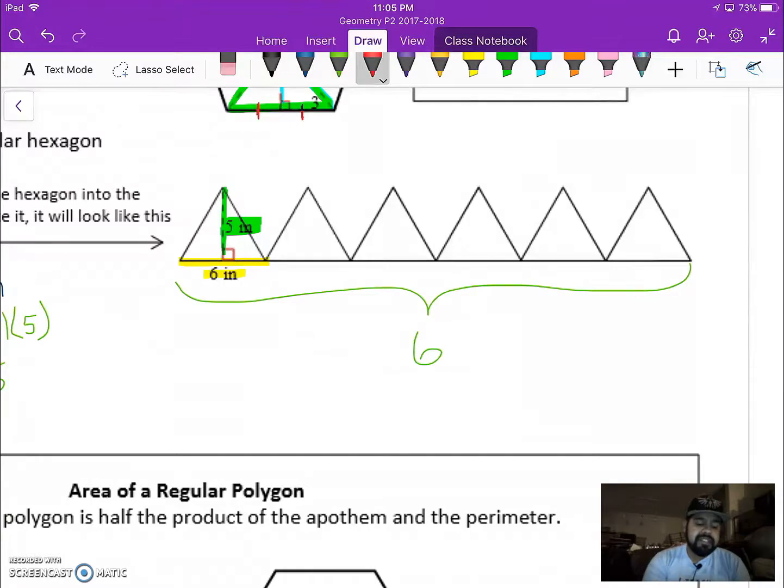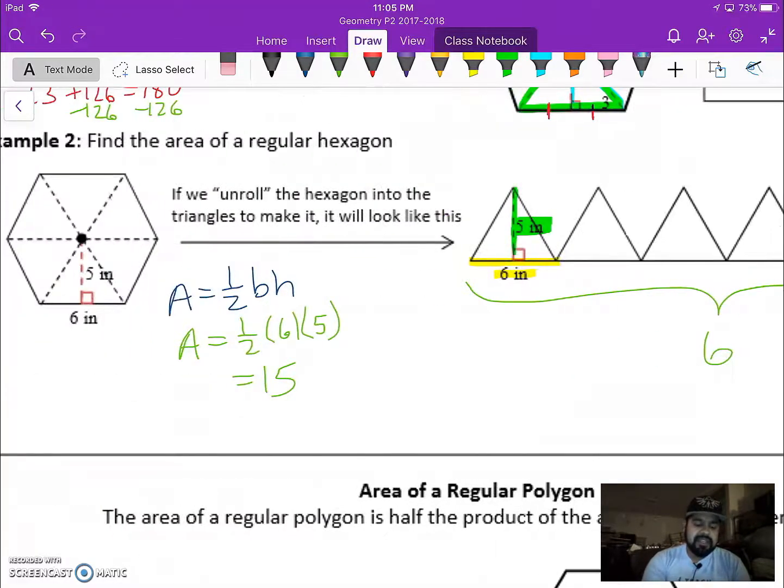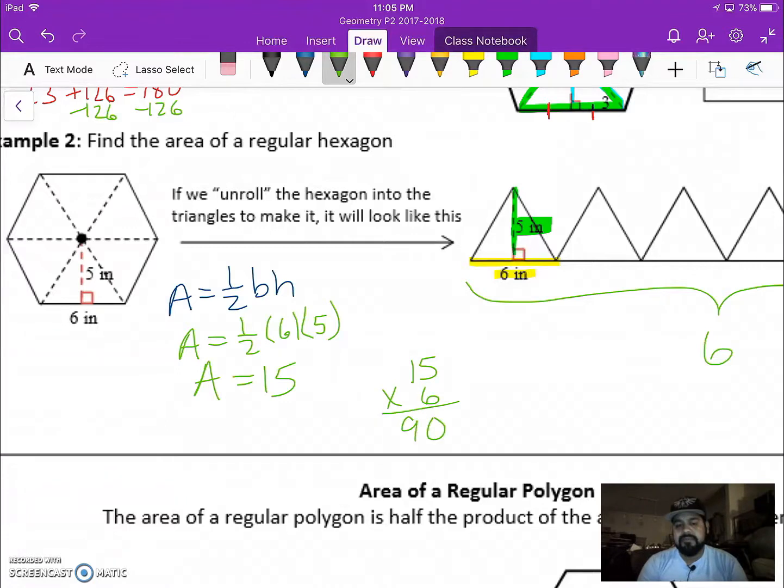So realistically, what I'm doing is I'm going to multiply my formula by the number of sides there are. So right here I have 15 times 6, which gets us our 90. So this hexagon has an area of 90 inches squared.